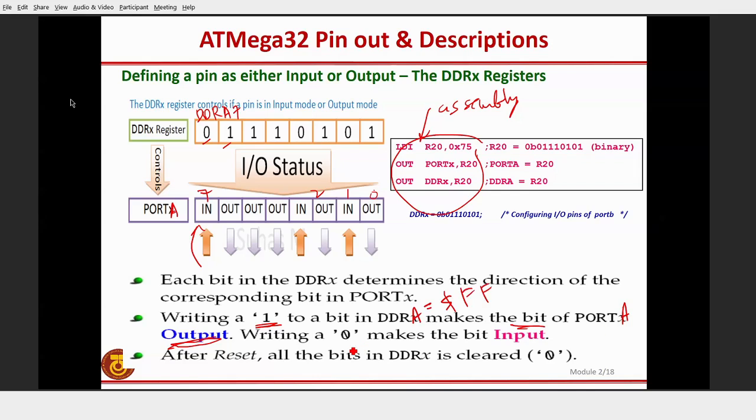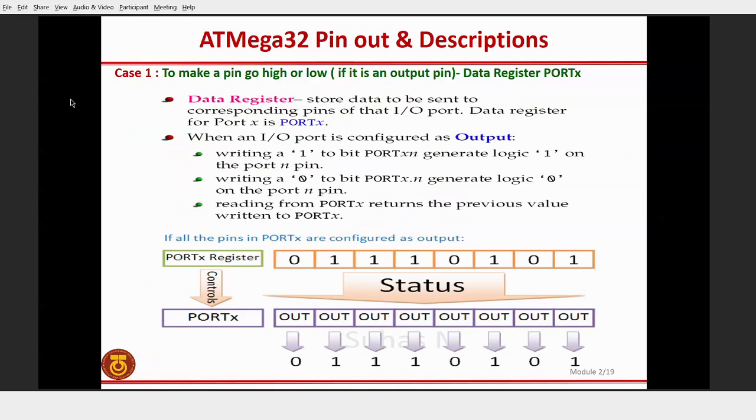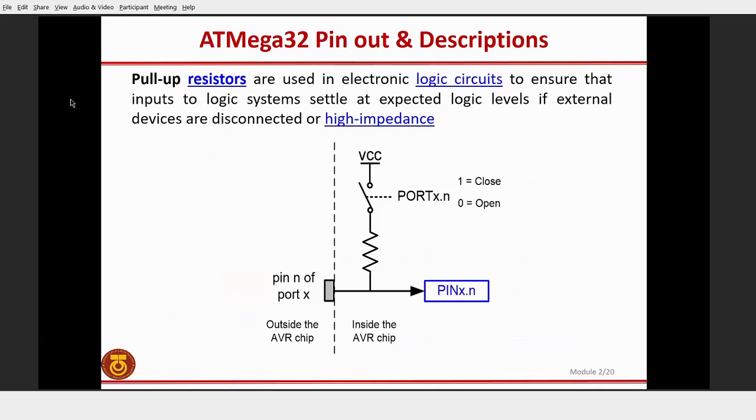If we write 00, it means that port A will work as an input. That's all for you to know. And this is the pin operation, the pin-out description.